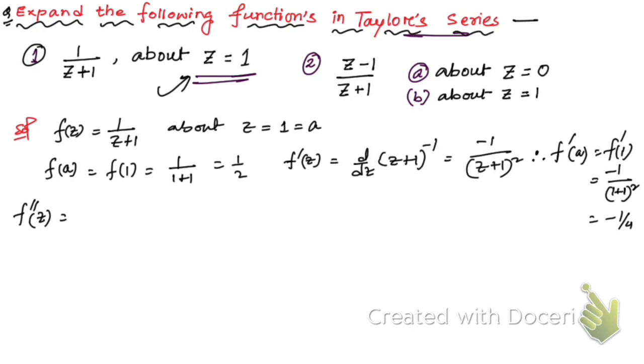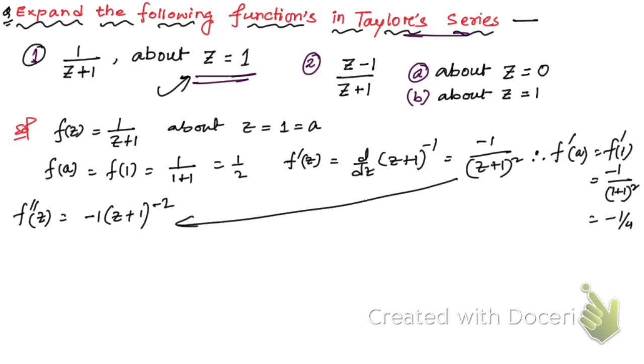If you differentiate it again, then here you can see minus 1 into z plus 1 whole square. If you differentiate it, it can be written as minus 2, right?